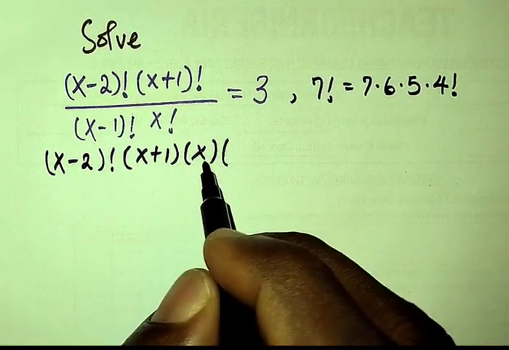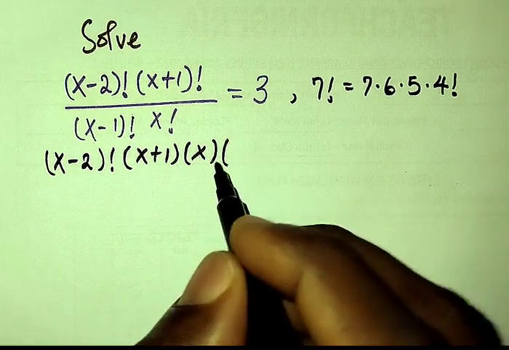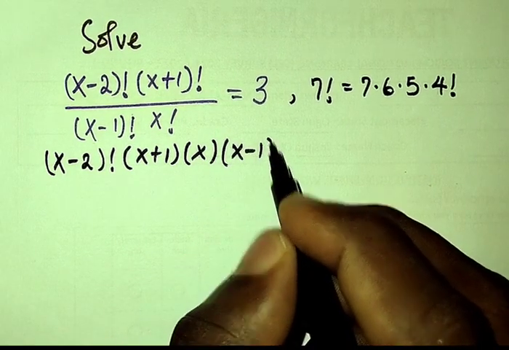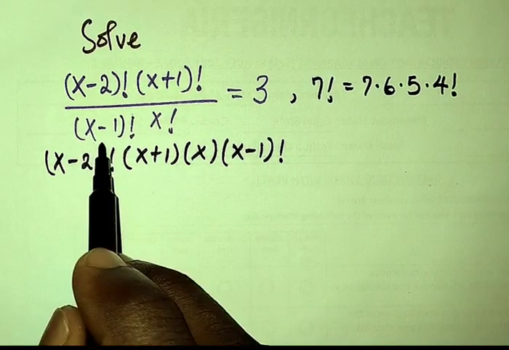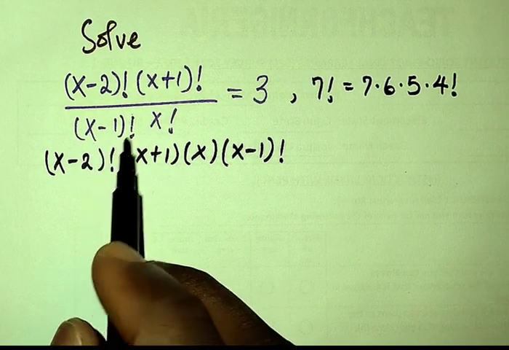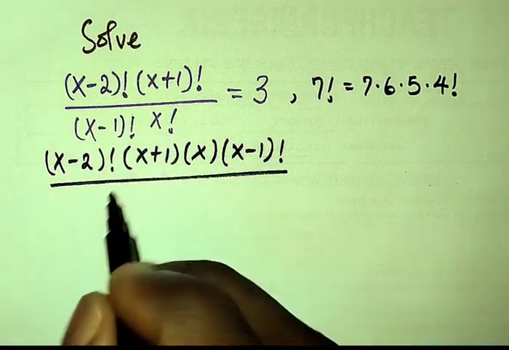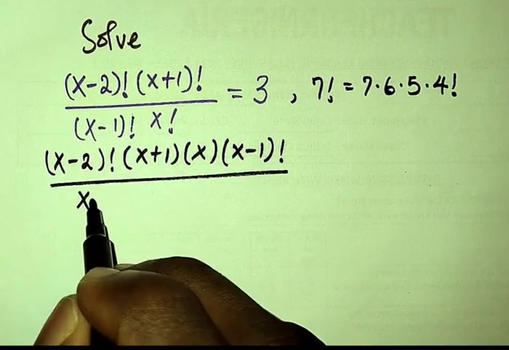Also we remove 1 from x, we are going to be having x minus 1, and we want to stop there. We have this because of this (x minus 1)! we have at the denominator, so that it can be cancelled out. So divided by what? Divided by (x minus 1)!.